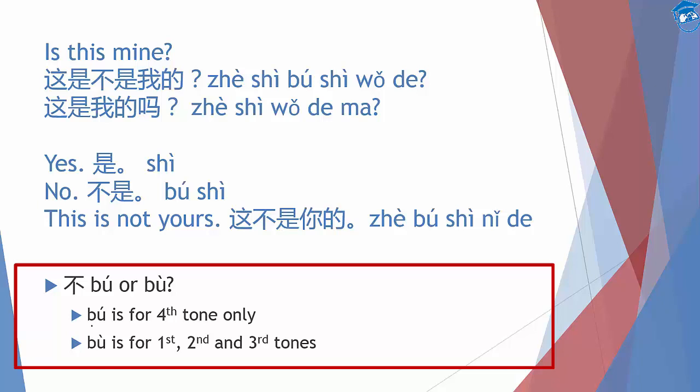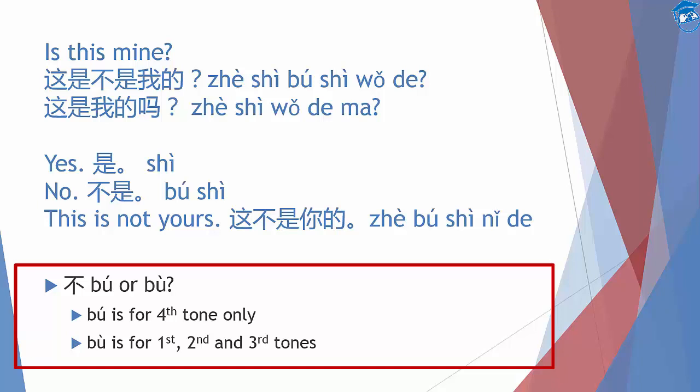So there is a rule for this pronunciation. If you are pronouncing the fourth tone, like this one, 是, you have to use 不 in the second tone. So in the end, it becomes 不是. But 不, the fourth tone, is used for the rest of the tones: first, second, and third tones.